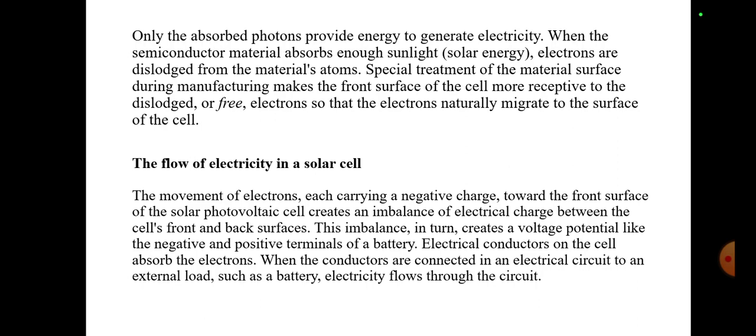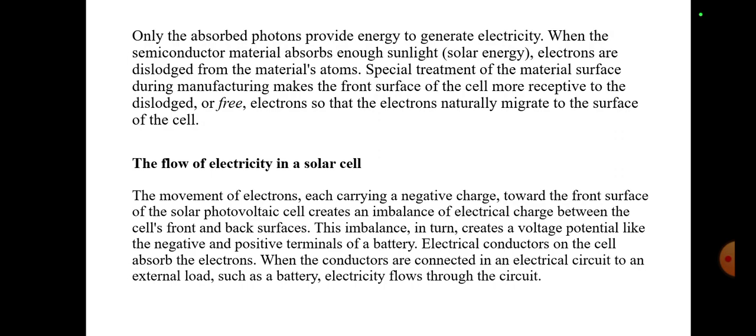The flow of electricity in a solar cell. The movement of electrons, each carrying a negative charge, toward the front surface of the solar photovoltaic cell creates an imbalance of electrical charge between the cell's front and back surfaces. This imbalance in turn creates a voltage potential, like the negative and positive terminals of a battery.